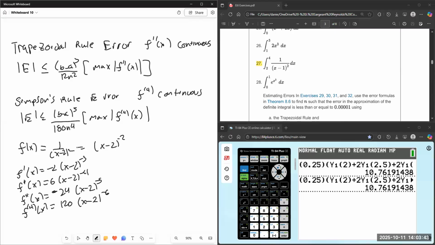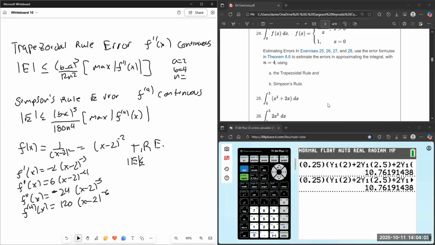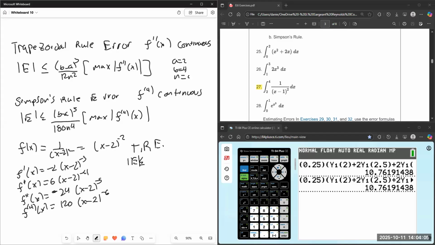So trapezoidal rule error here, I'll call it TRE, is going to be absolute value of E is less than or equal to B minus A. So A is 2, B is 4, N is 4. So that's going to be 2 cubed over 12 times 4 squared.